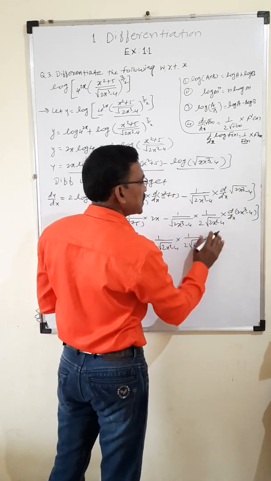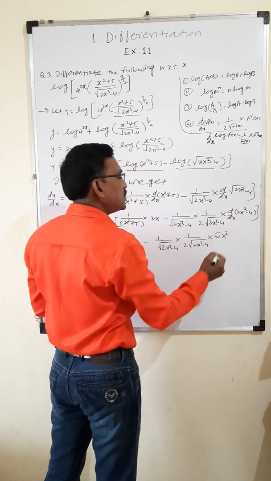So 3 2s are 6x square, and derivative of constant is 0.